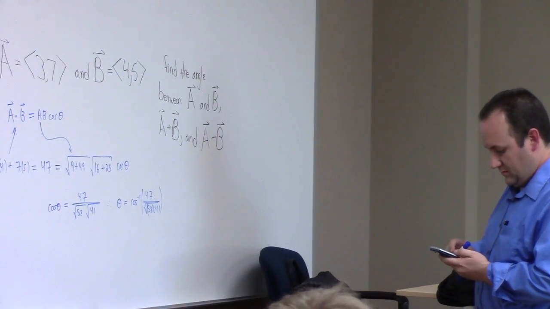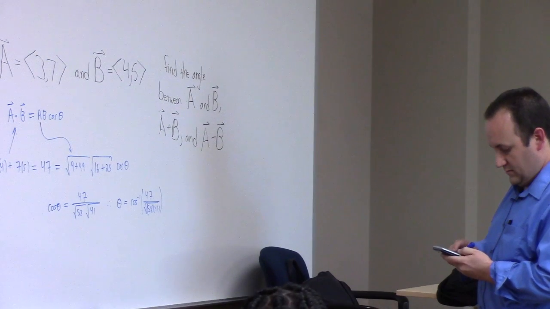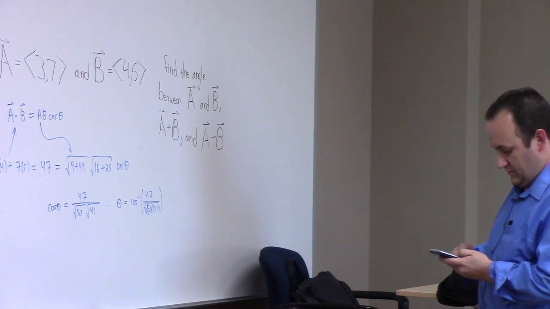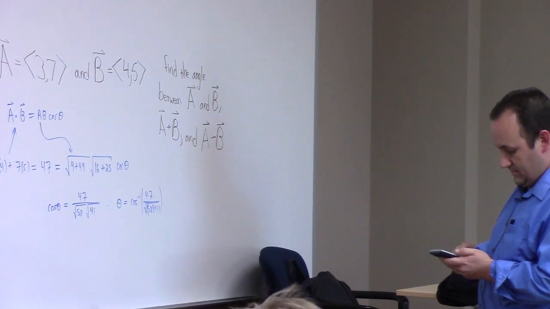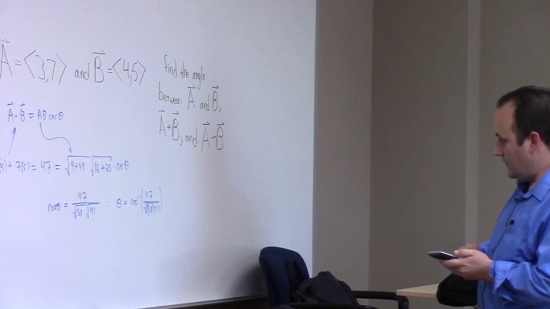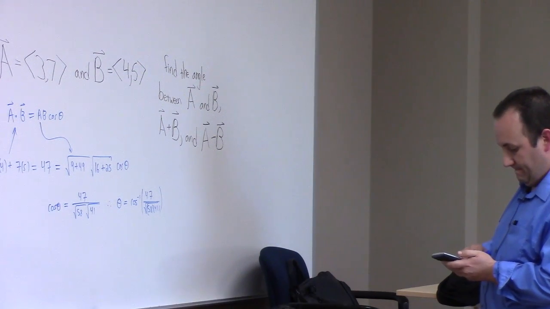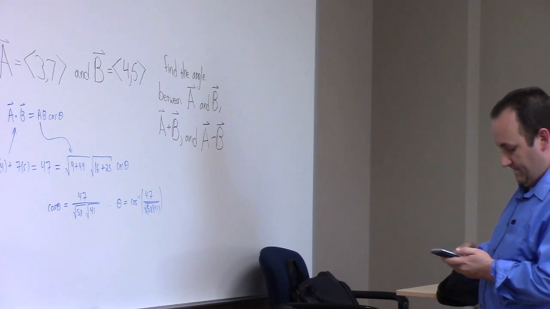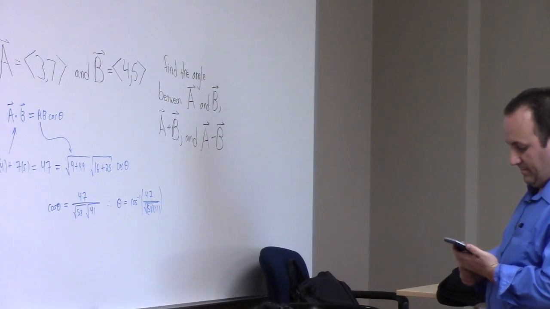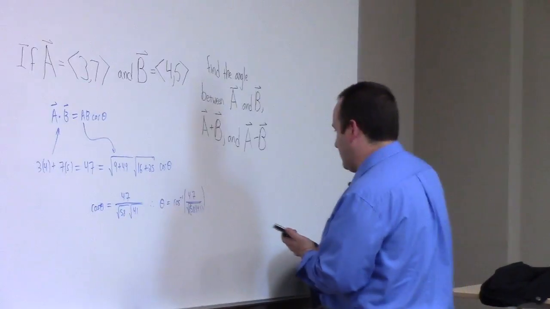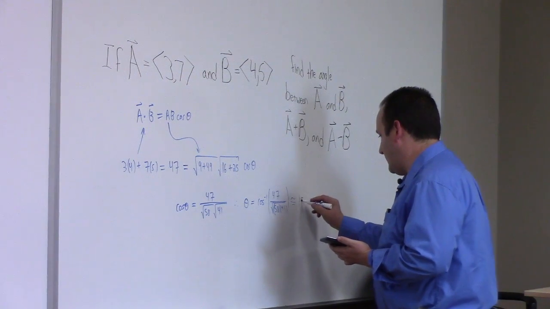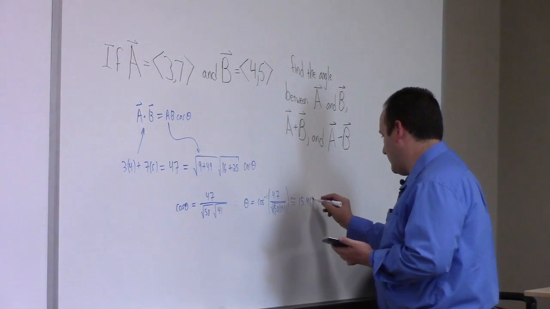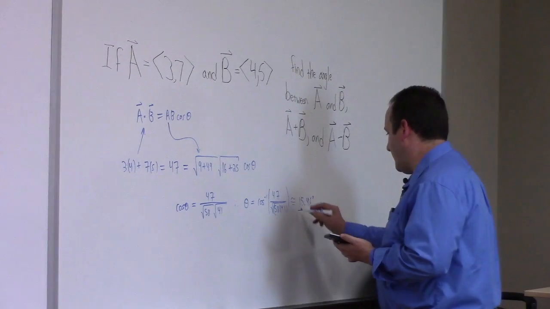Cosine inverse of 47 over that. Yeah, 15.46 degrees. Roughly, I mean approximately. So that's how you do part of that problem.